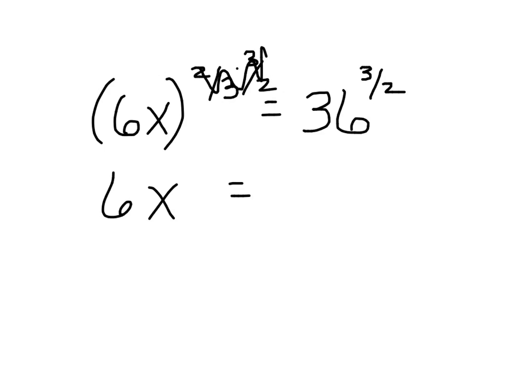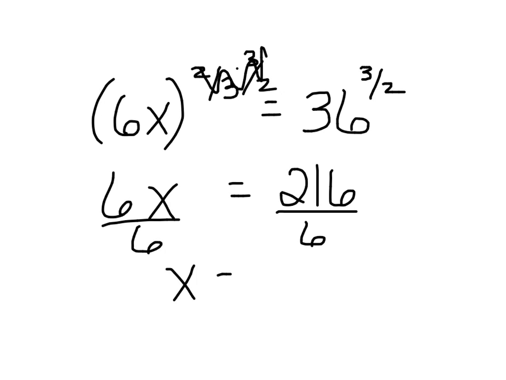If you're going to do it with an older 83, make sure that the fraction goes in parentheses. I would take the square root of 36, which is 6, and 6 to the 3rd power is 216. And then how do I solve for x? Divide by 6, and 216 divided by 6 is 36.